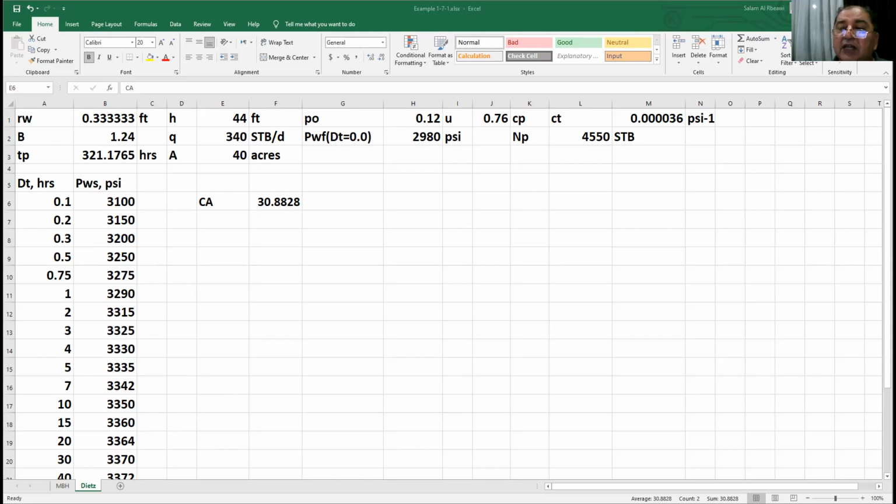Delta tp dash, let me get back so I can bring delta tp dash in front of you. Okay, where is delta tp dash? Here it is.